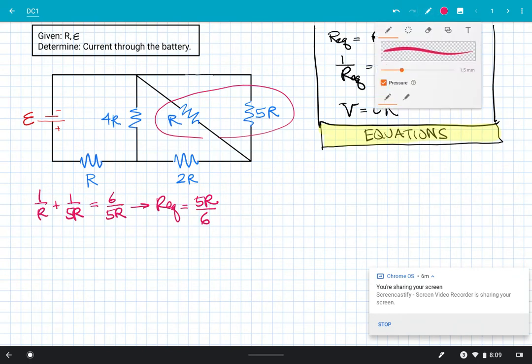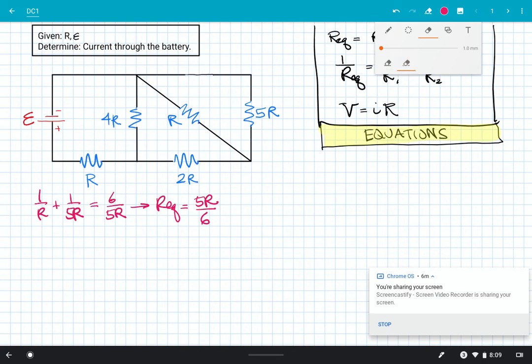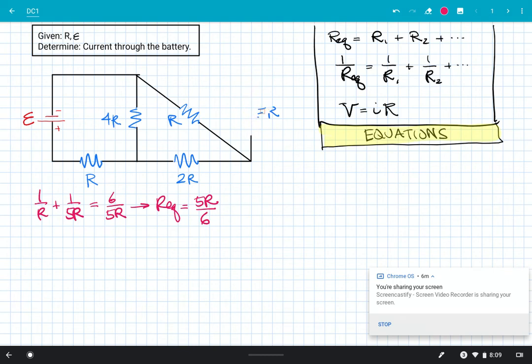All right, so we're going to replace these two resistors, and I'm going to replace this whole wire here. We can just take this whole thing out and replace it with this 5R over 6. So I'll put that in there.